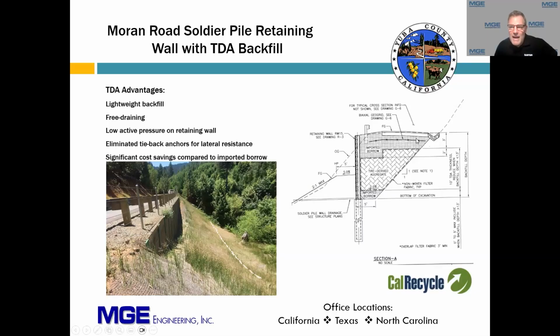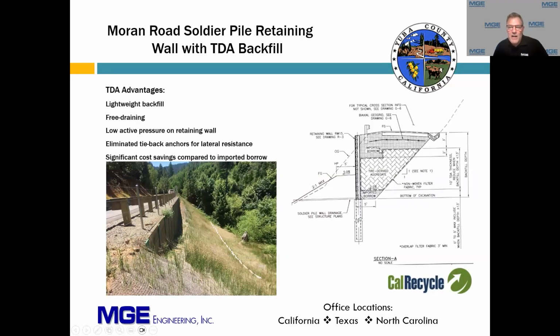We used a biaxial geogrid on top as belts and suspenders, because we realized we'd have more movement in the TDA as compared to fill. So we wanted to have some biaxial grid to dissipate some of those forces below our pavement section.